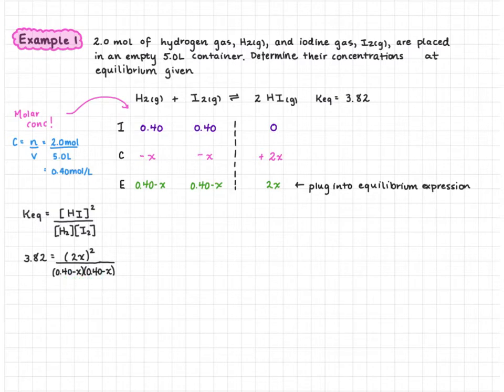Because those are the same, we can simplify this expression and rewrite this as 2x squared divided by 0.40 minus x squared. Having the squared on both terms allows us to take the square root and avoid using the quadratic formula. In this course, you're not expected to know the quadratic formula.